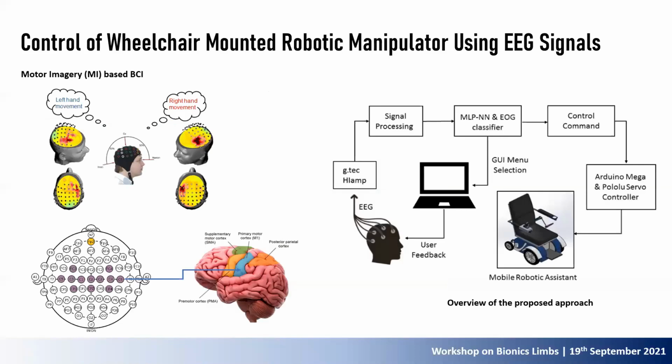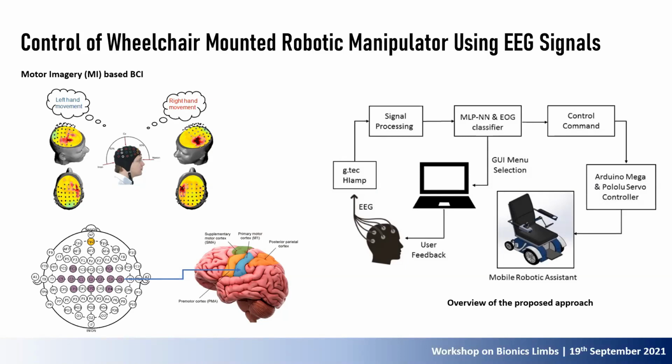So the overview of the proposed approach is shown in this figure. In this study, we designed a motor imagery-based BCI to detect the user intention. As I mentioned in the beginning, MI signals are generated when a person does a movement, or is trying to do a movement, or just thinks of a movement.